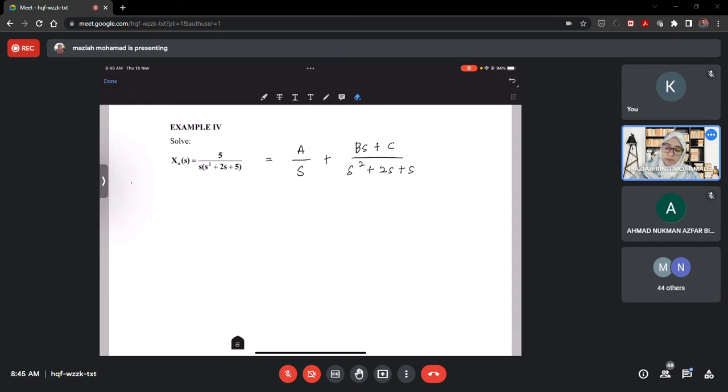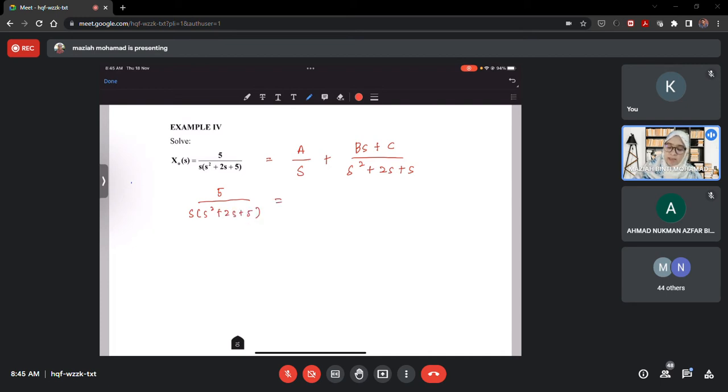So first let's make the denominator of the right side similar to the denominator of the left side. The denominator is s square plus 2s plus 5.